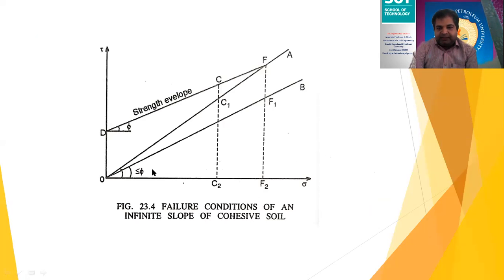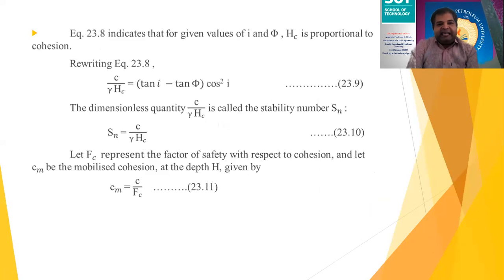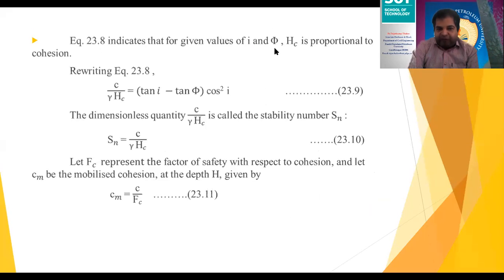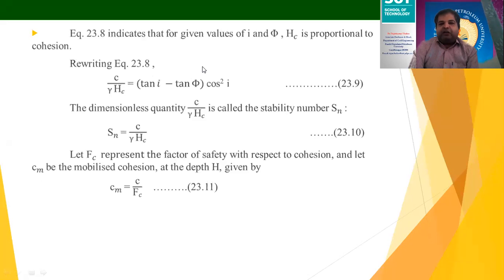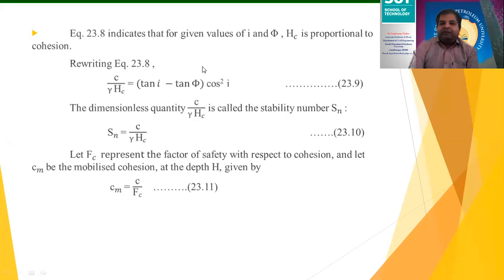Now let's see further. This indicates that for the given value of slope angle i and internal friction phi, the critical height is proportional to the cohesion value. If you take these parameters on the left side, which is C upon gamma Hc, then the remaining content, tan i minus tan phi into cos square i, is the constant parameter, which you can find out from the physical as well as experimental values.